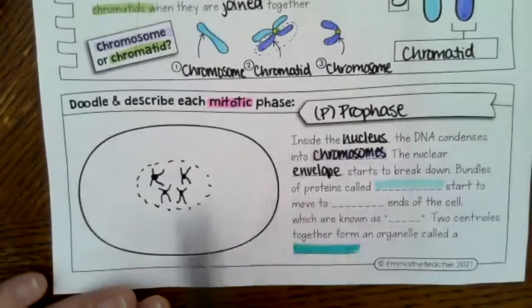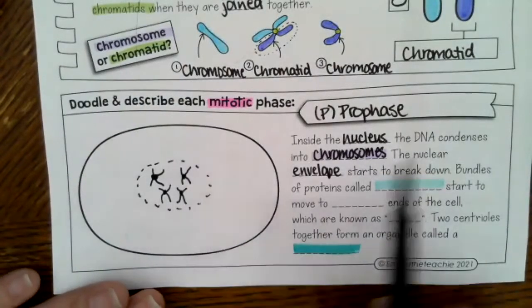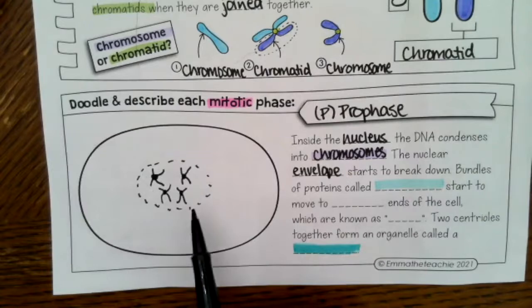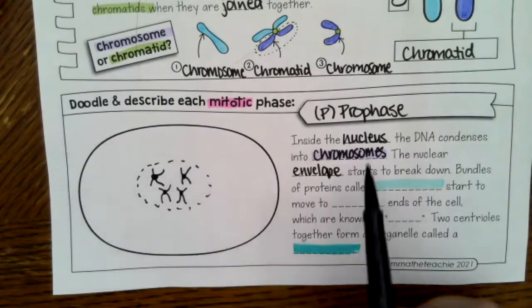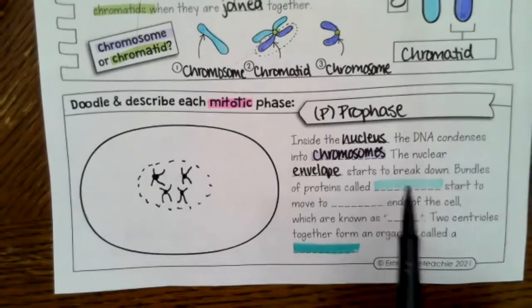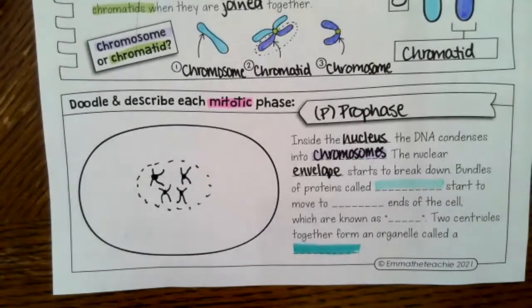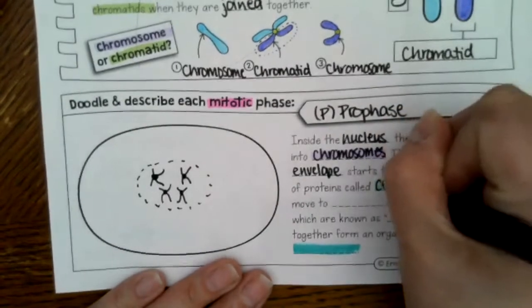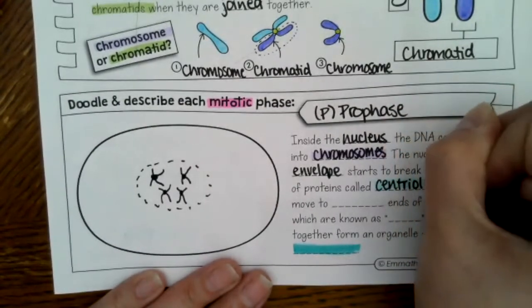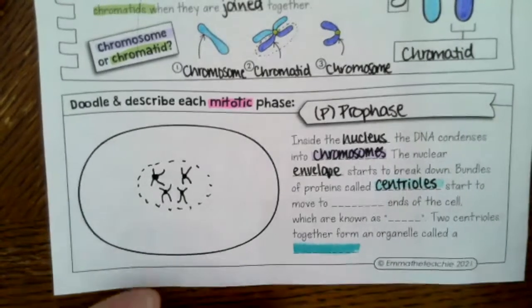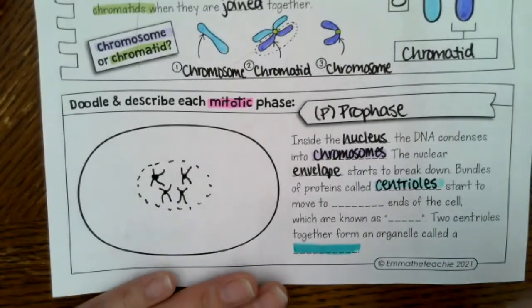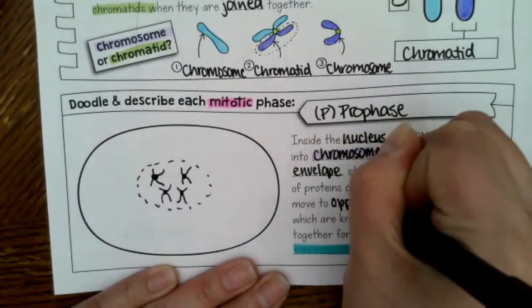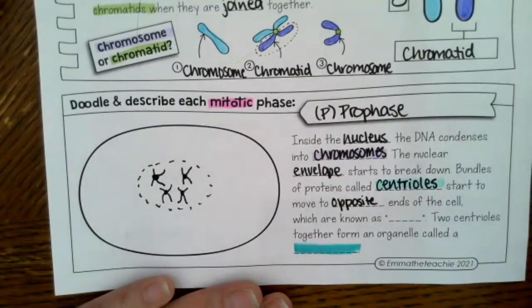Anyways, we have 4 chromosomes in here. Like I said, this nuclear envelope is starting to break up, so you can see that little dotted line is referring to the nuclear envelope that is breaking down. Bundles of proteins called centrioles are going to start to move toward opposite ends of the cell.